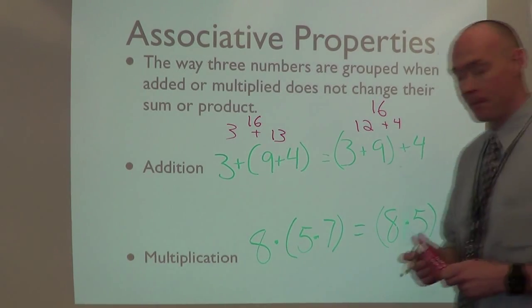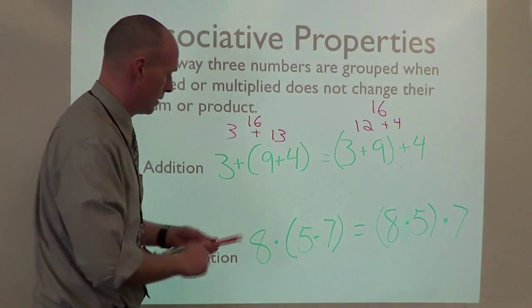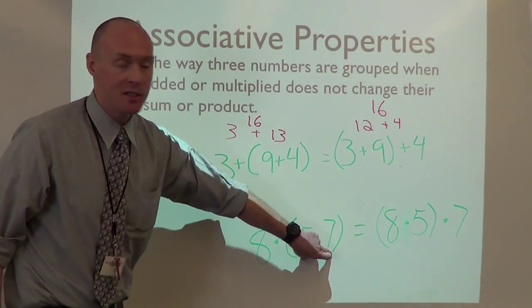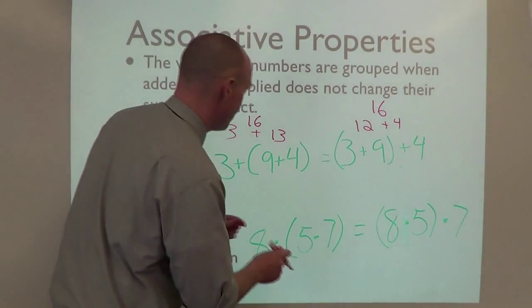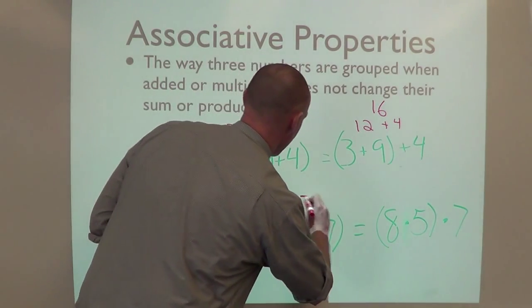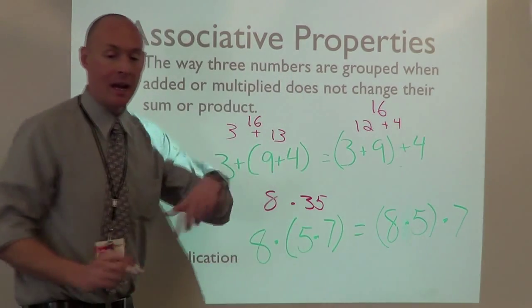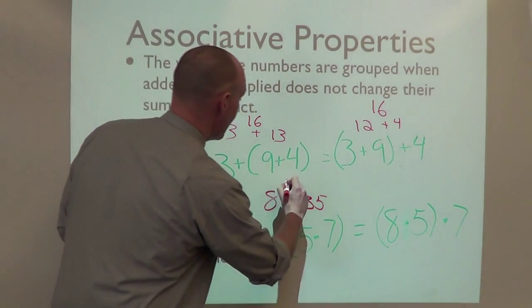Let's prove it. Again, order of operations, you do the in the parentheses first. 5 times 7, 35 times 8. And 35 times 8 is 280.